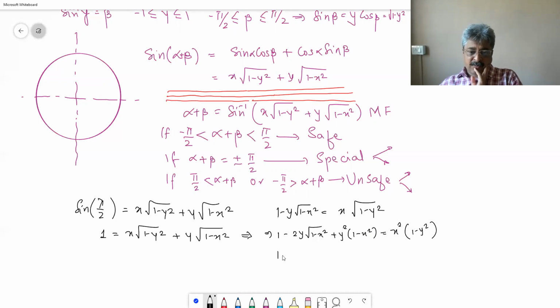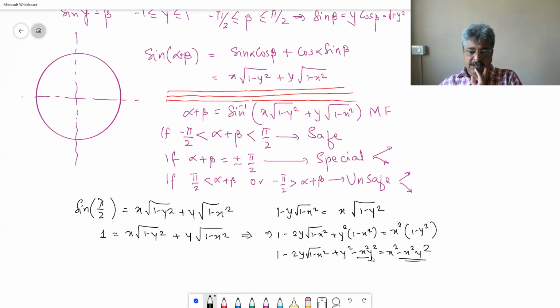Right, that makes it 1 minus 2y radical 1 minus x square plus y square minus x square y square is equal to x square minus x square y square.